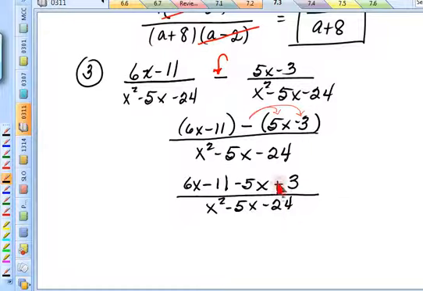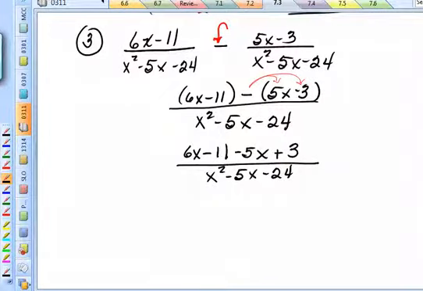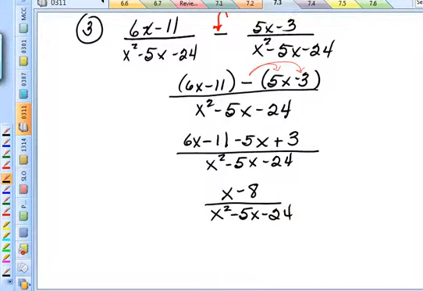The sign right here on the plus 3, that's the most likely place for a mistake. All right, let's combine like terms in the numerator. I have 6x minus 5x gives me x. I have negative 11 and positive 3, which gives me minus 8. And it's over x squared minus 5x minus 24.